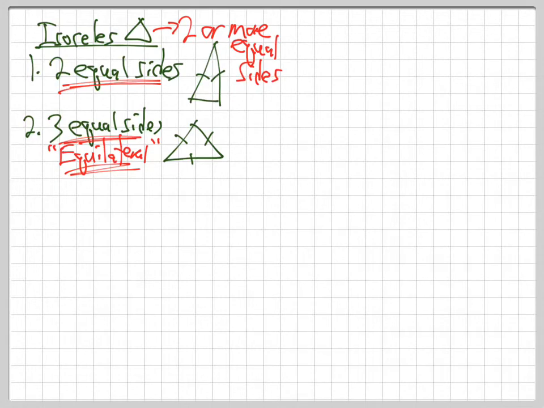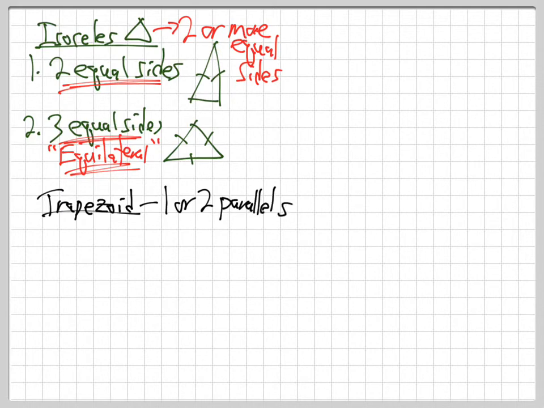So what they're saying, if I was going to summarize this, is a trapezoid has one or two pairs of parallel sides. Because at least one pair means one or more, right? 1 or 2. So in other words, it's just like the isosceles equilateral thing.